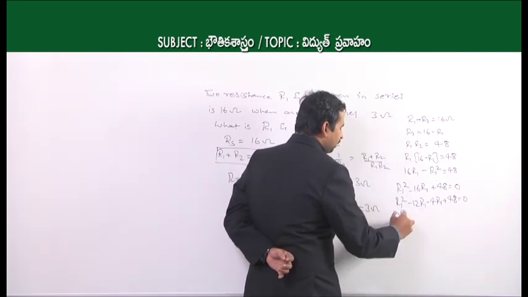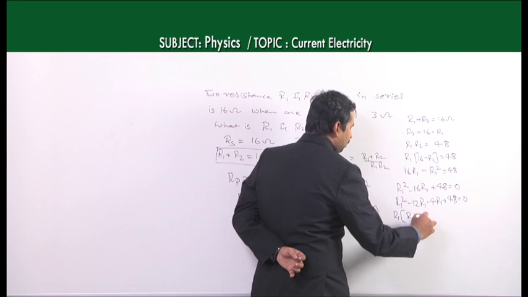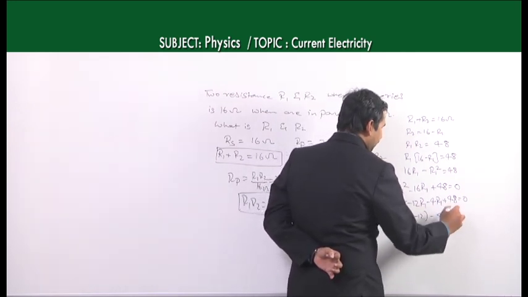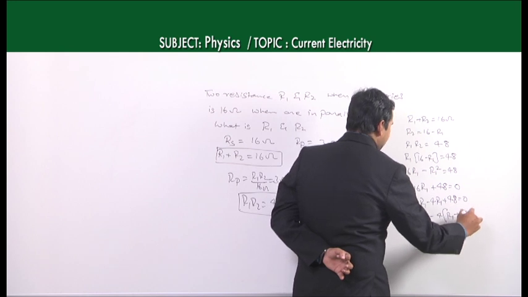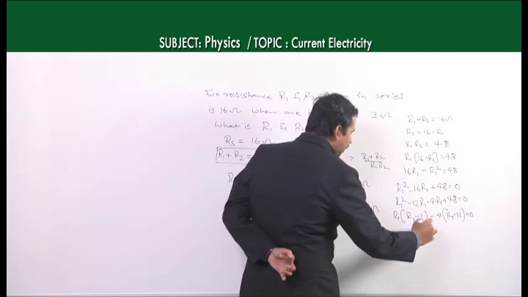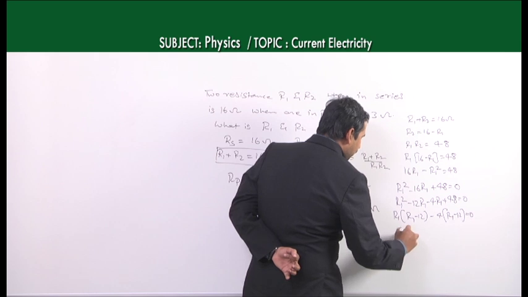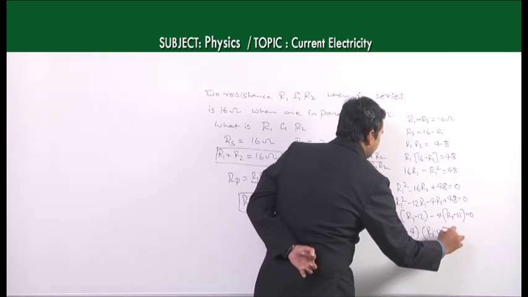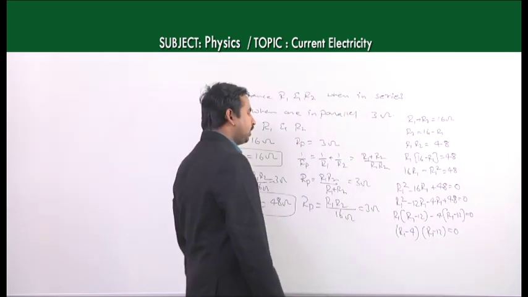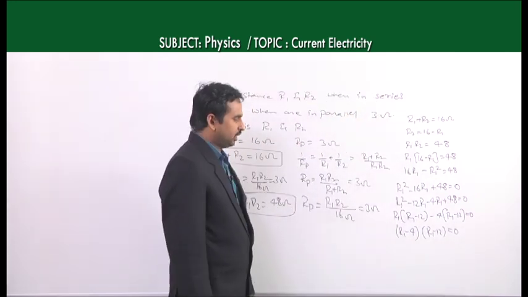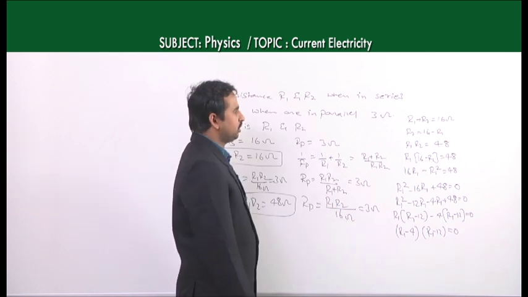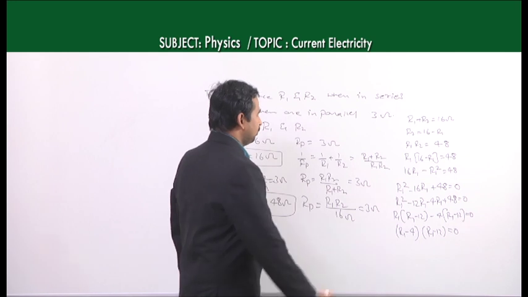If you take common, R1 into R1 minus 12 minus 4 into R1 minus 12 is equal to 0. So finally we got R1 minus 4 times R1 minus 12 is equal to 0. Means we are getting 2 values, R1 minus 4 is equal to 0 and R1 minus 12 is equal to 0.